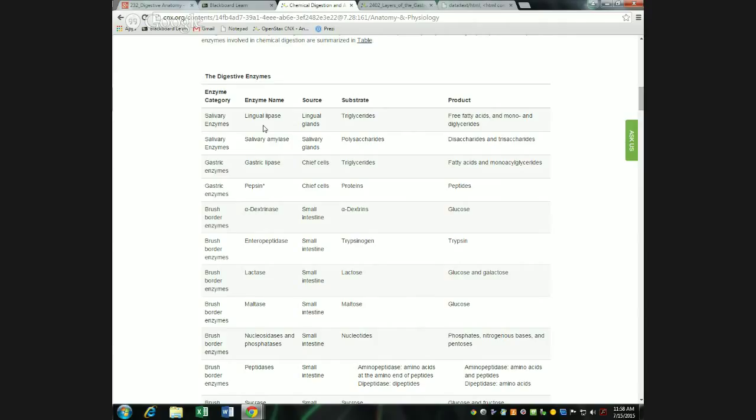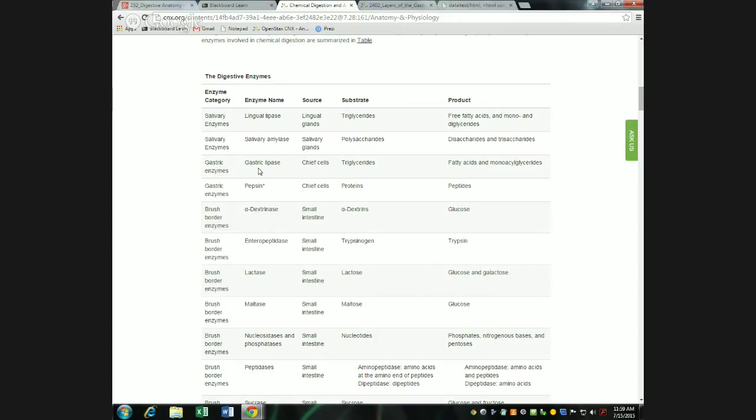Now, having said all that about lingual lipase, right after salivary amylase, the next thing listed is gastric lipase. That's a thing. Gastric lipase is an enzyme that's made in the stomach, hence gastric. It's just not active in the stomach. It's released in the stomach and it moves into the small intestine with the food from your stomach.